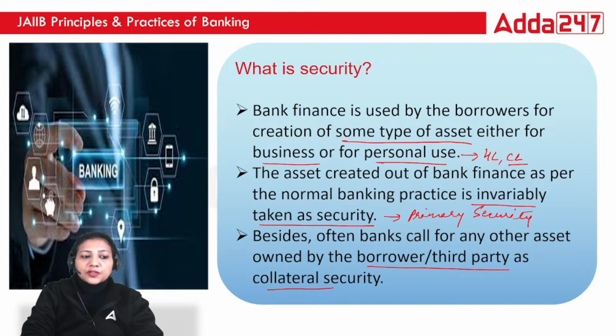But because you give loans for a very long period of time, maybe 5 years, 10 years, 15 years, 20 years, and up to 30 years, in 30 years you never know what could go wrong. The customer might lose his job, or there could be other financial problems in the family, and because of that the customer is not able to repay the loan.